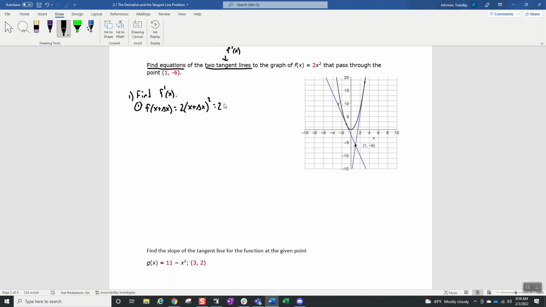This will be 2 times x squared plus 2 times 2x delta x, and 2 times 2 gives us the 4. And we'll have a delta x squared times 2. Again, horrible notation, but it's all of that delta x that is squared.